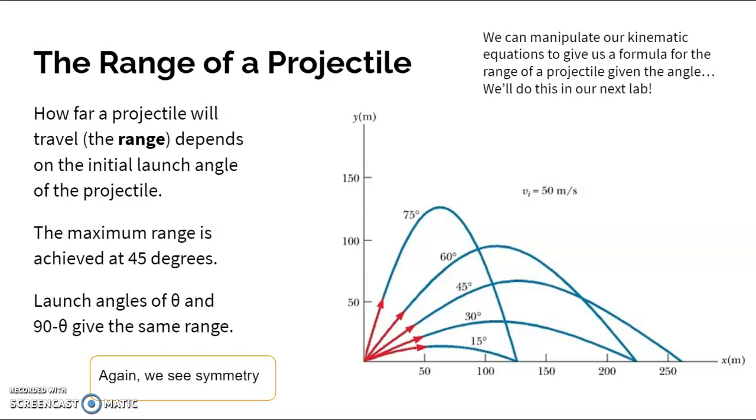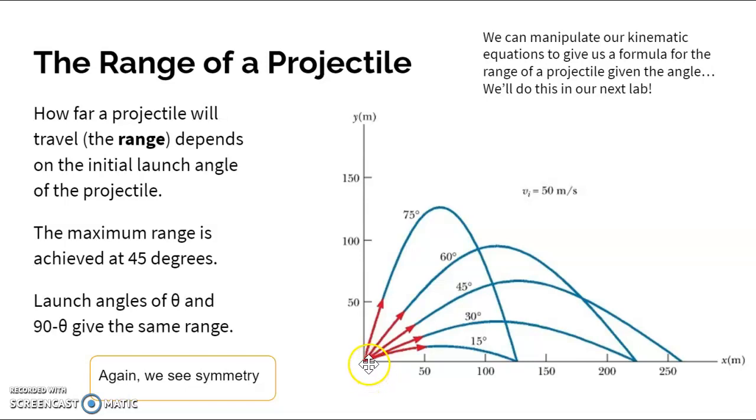Now, just based on how the math works out, maximum range is going to be achieved at a 45-degree angle. And this graph here is hopefully going to show that. The other thing you can see from this graph is that we have a symmetry going on here. Angles of theta and 90 minus theta give us the same range.